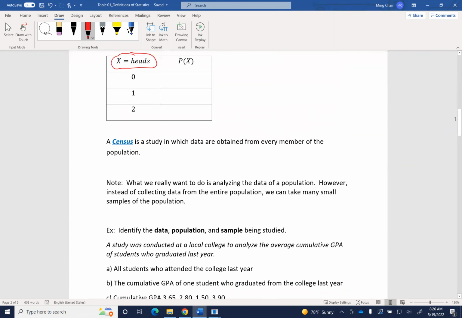So in order to analyze the data of a population, instead of collecting the data from the entire population, what we can do is take a bunch of small samples, like I said earlier, of the population. Because sometimes it's almost impossible to collect data from the whole population.